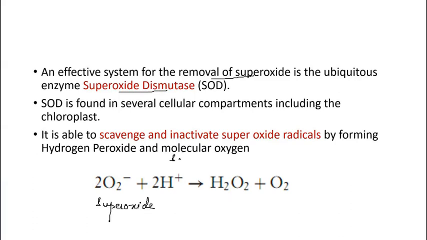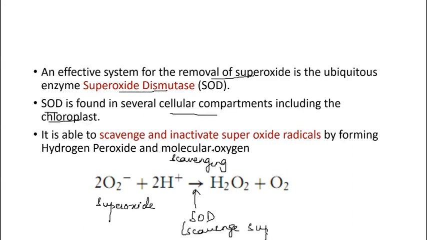So this is a scavenging reaction, and the enzyme required here is superoxide dismutase, which is present in several cellular compartments including chloroplast. So superoxide dismutase is able to scavenge the superoxide radical by forming the non-toxic product, hydrogen peroxide.